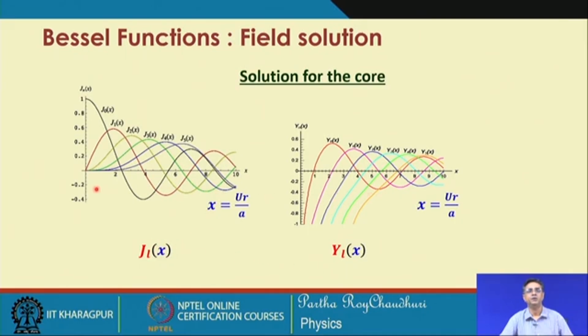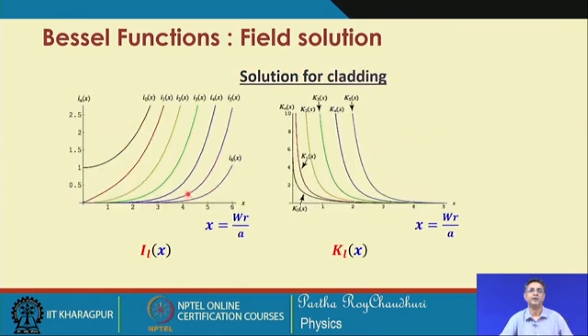From here we can make out that at r equal to 0 the field will be finite, but at r equal to 0 the field cannot be infinite. So this solution is not physically admissible. We will have to discard this solution, and then for the core we will only continue with this solution, that is J L of x. And for the cladding we have the solutions I L of x and K L of x, and they look like this.